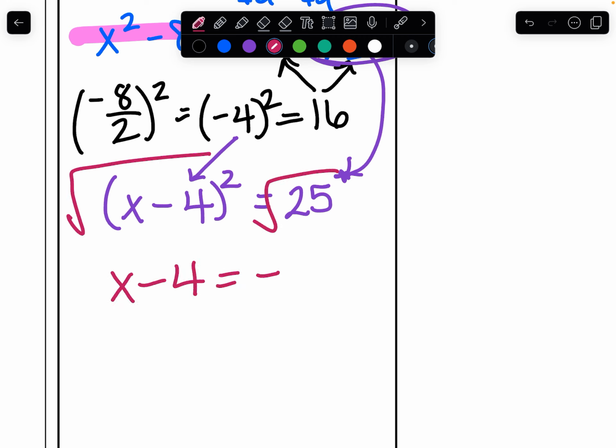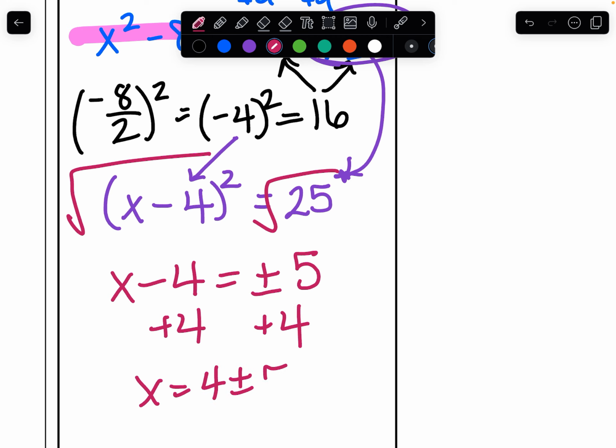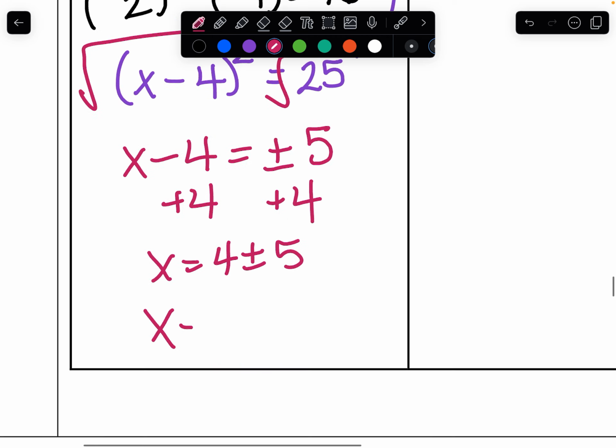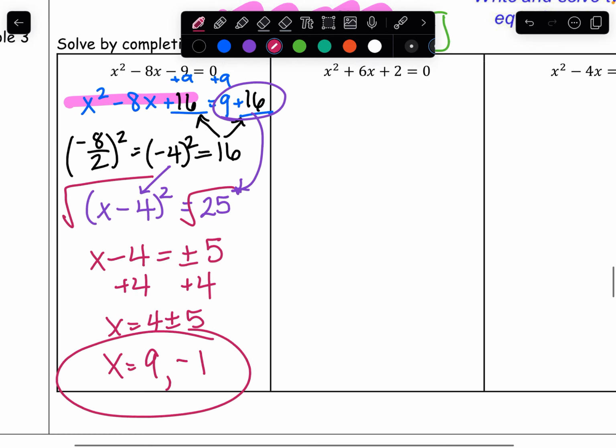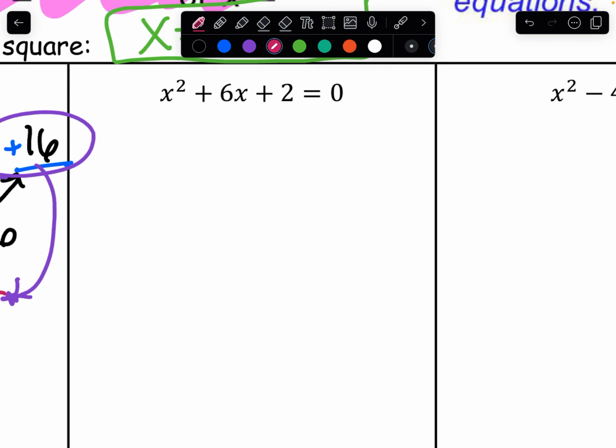We get x minus 4 equals plus or minus 5. There's no negative. Add 4 to both sides, giving us x equals 4 plus or minus 5. Well, 4 plus 5 is 9, and 4 minus 5 is negative 1. There are 2 answers.